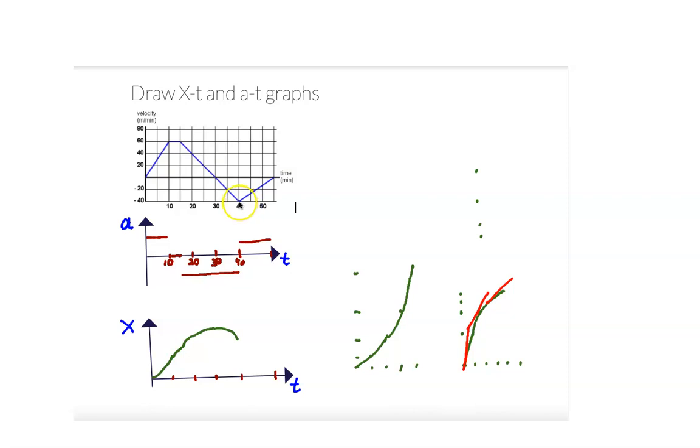I started slowing down. I keep going in negative direction, so it means my position will change towards the origin, but I'm slowing down, which means that it has to look something like this. So this slope increases, the tangent slope decreases. So that is the position time graph for this kind of motion.